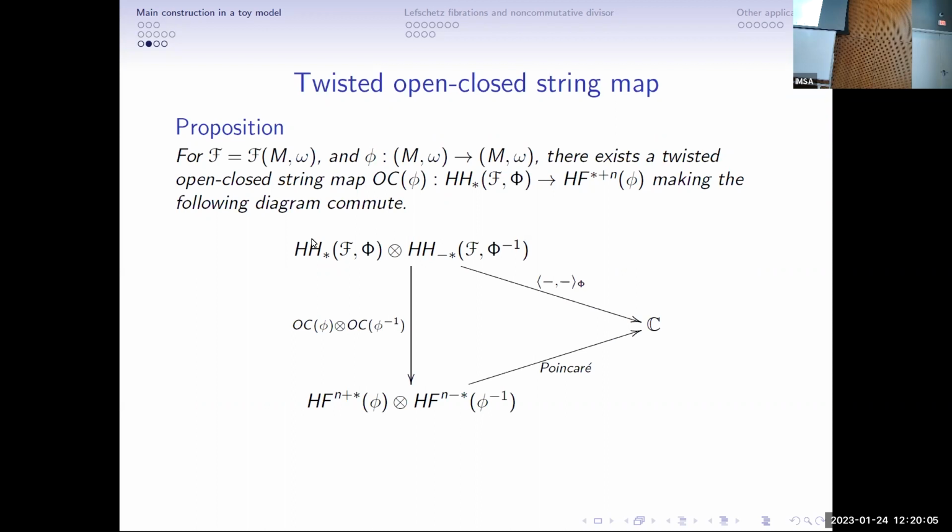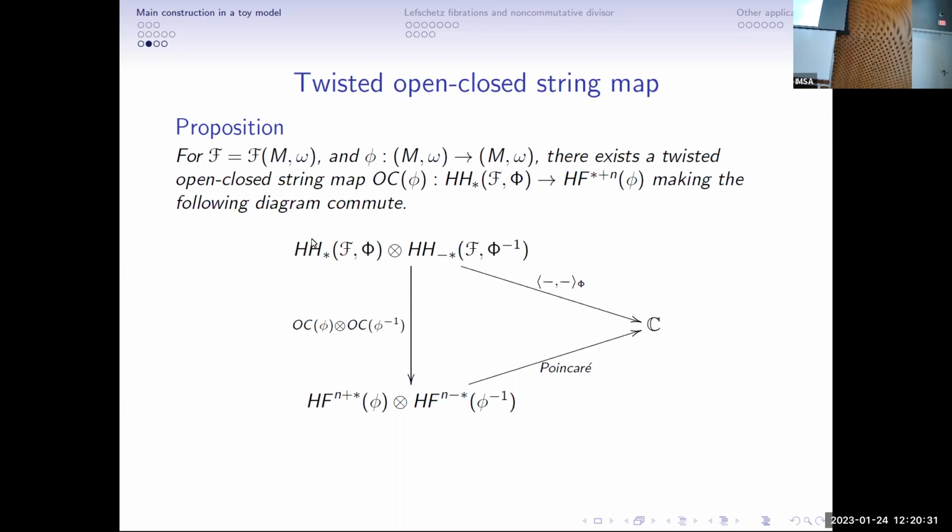To start with, we look at the tensor product of HH of F twisted by Phi and HH of F twisted by Phi inverse. For this vertical arrow, we apply the twisted open-closed maps of phi and phi inverse to the two components. They will land in the tensor product of the Floer cohomology of phi and phi inverse.